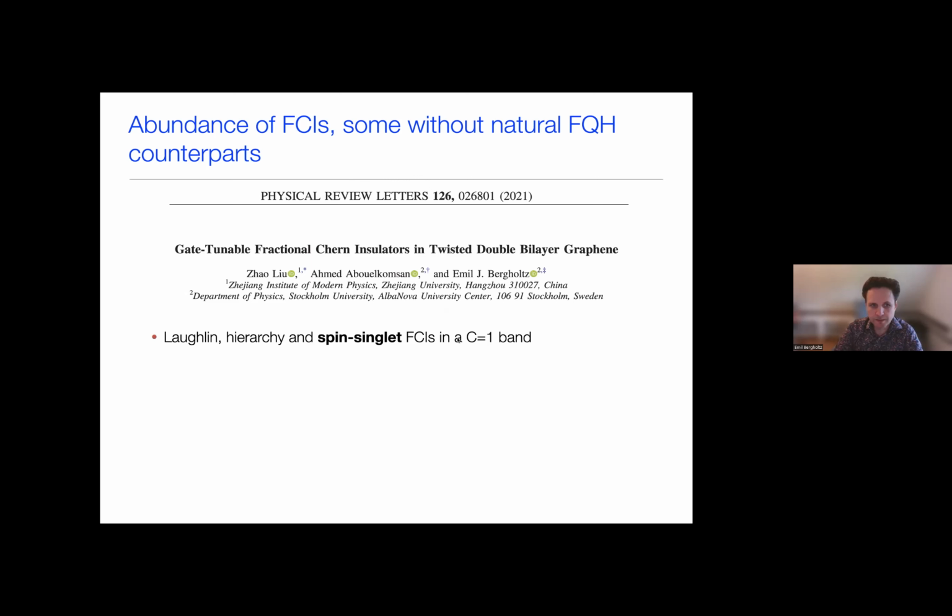So we find in a Chern number 1 band, we find Laughlin, hierarchy states, and spin singlet FCIs. So if we include again the spin degree of freedom, it's not spin polarized as usual fractional Chern insulators are, but it's a spin singlet state. And in a Chern number 2 band, we find a 1/3 fractional Chern insulator, which has a funny interpretation of negative flux attachment.